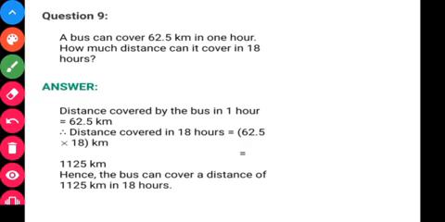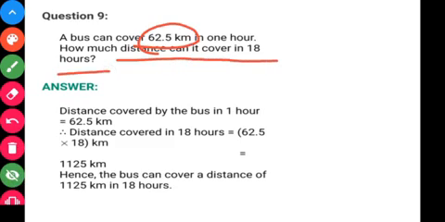Okay, now come to next question. Question number 9. Question number 9 is given a bus can cover 62.5 km in 1 hour. How much distance can it cover in 18 hours? So it is given distance covered by bus in 1 hour is 62.5 km.